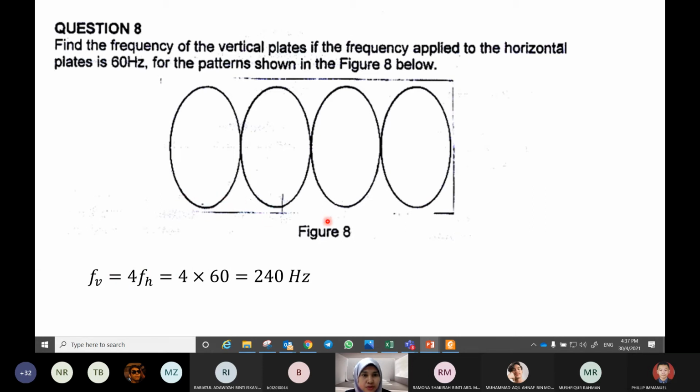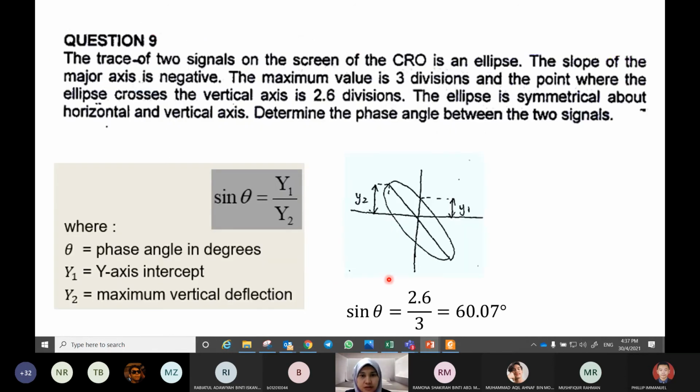Only 1. So 1 FV is equal to how many loops on horizontal? 1, 2, 3, 4. 4 FH. FH is given 60. Just multiply with 4. We get 240 Hz. Any question?